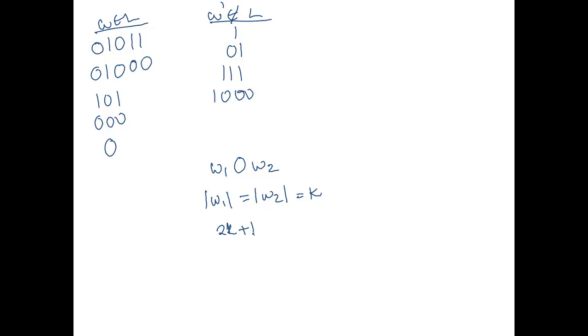So this insight is going to tell us how to build our PDA. We need to have some way to make sure the middle symbol is 0, and we also need some way to make sure the lengths match. So these are our two conditions.